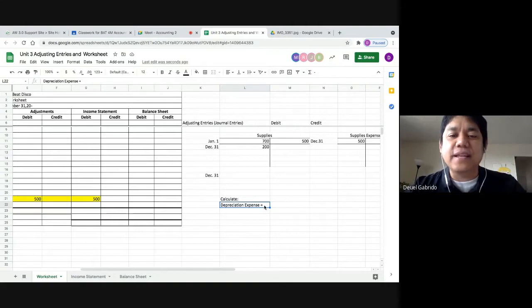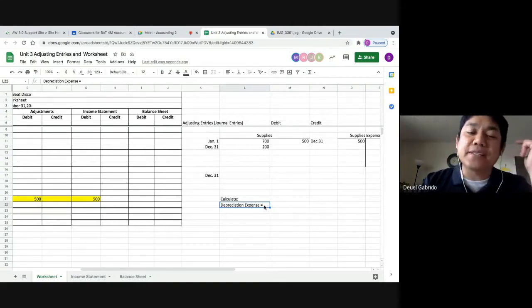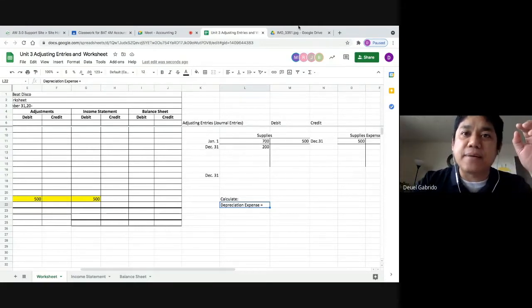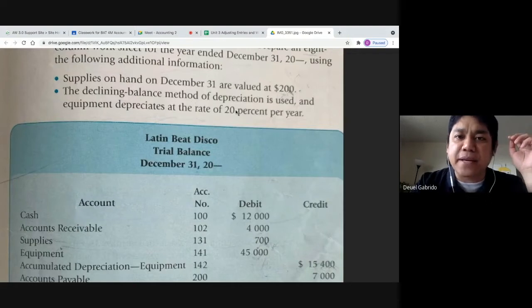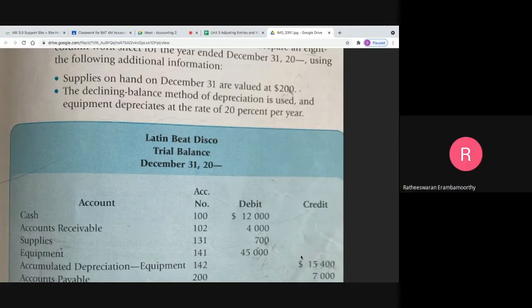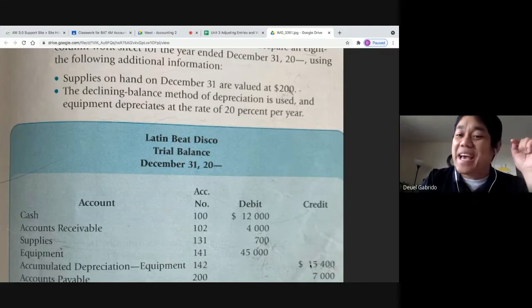Okay, so let me tell you. If you're using the second method of depreciation, it's called the declining balance method, guys. Here, before we multiply by 20%, we have to take away first the past decrease.